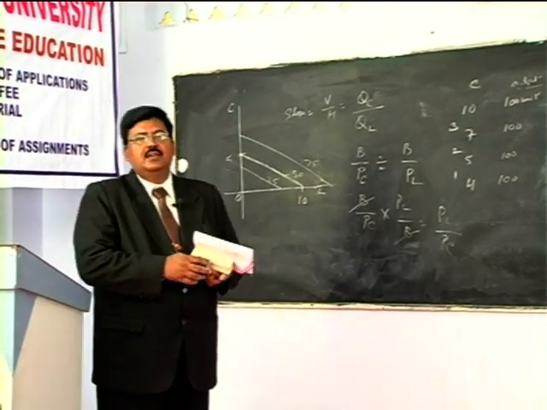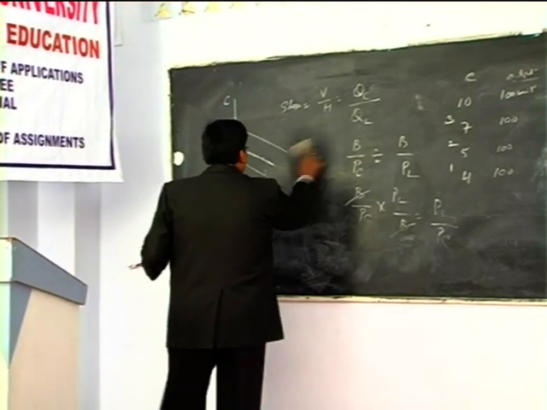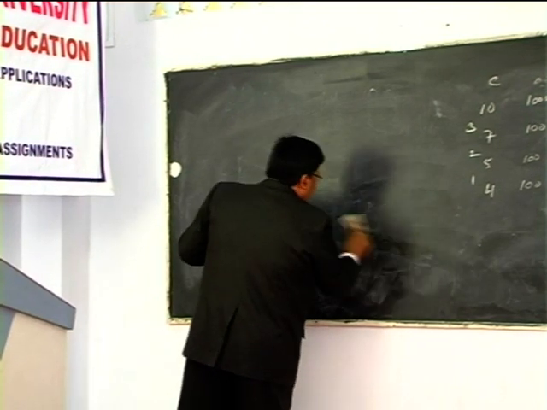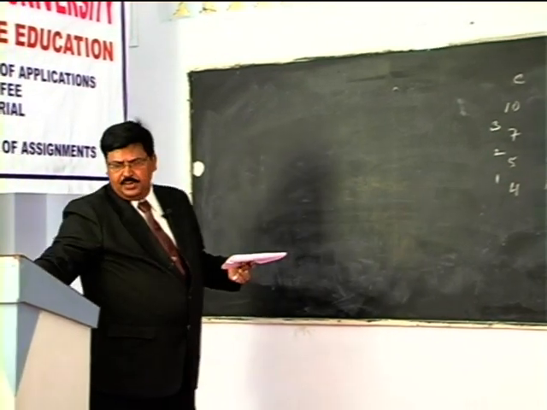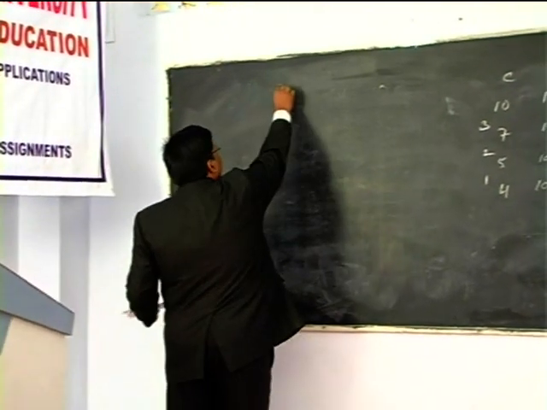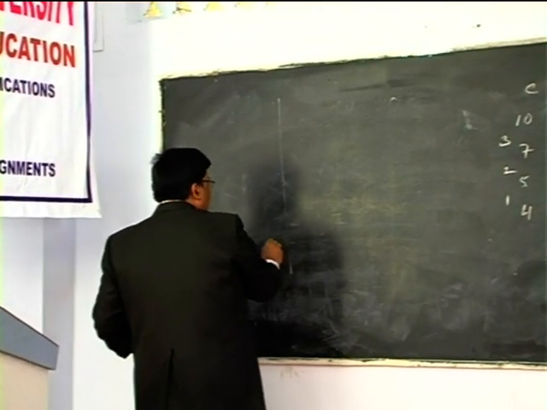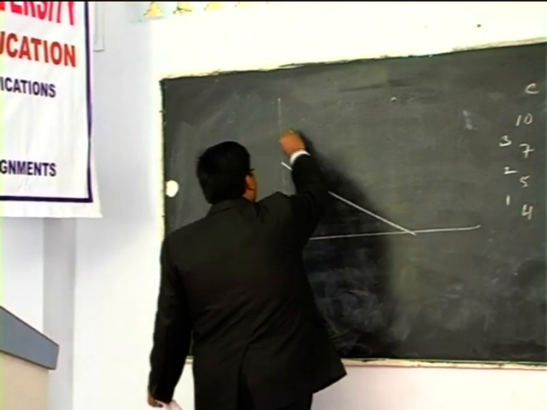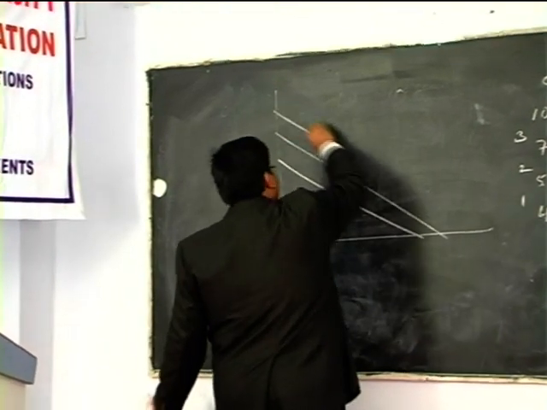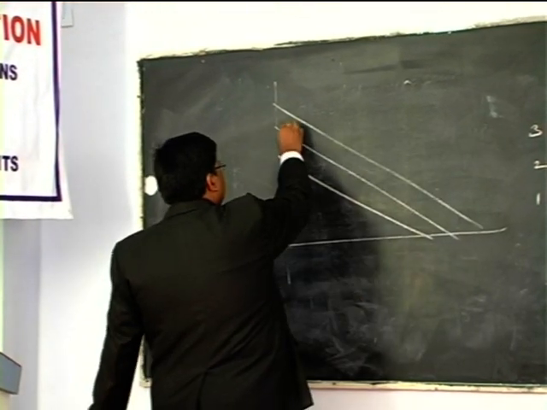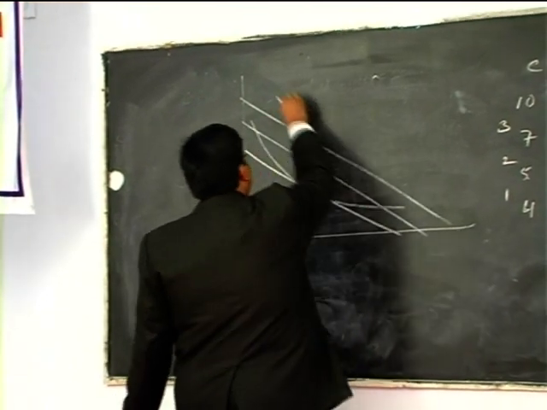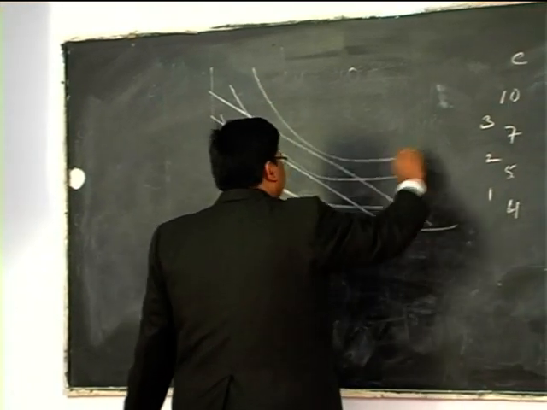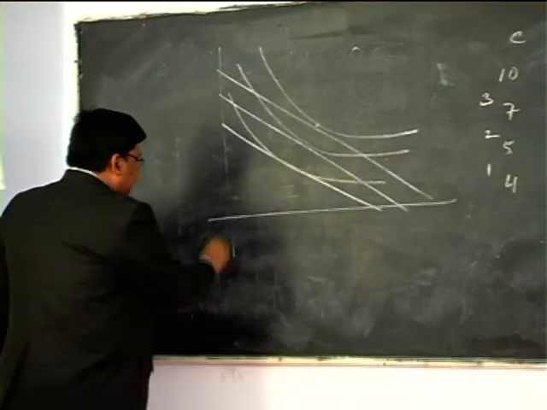Now we have the two tools, that is budget line and ISO quant. Let us bring these two together to decide the least cost combination of inputs. It's very simple. Only thing is we have to draw ISO quant and ISO cost line together.